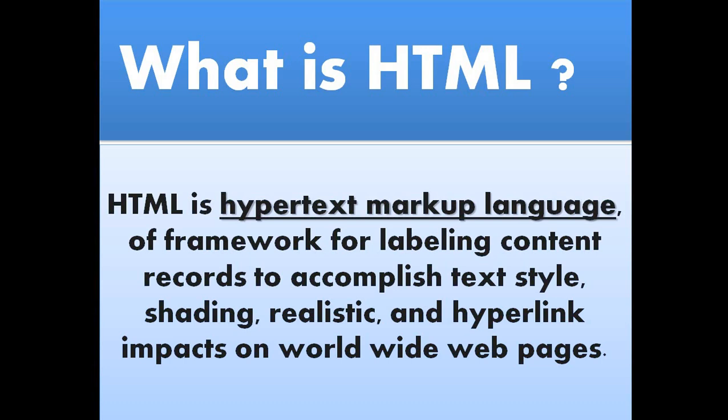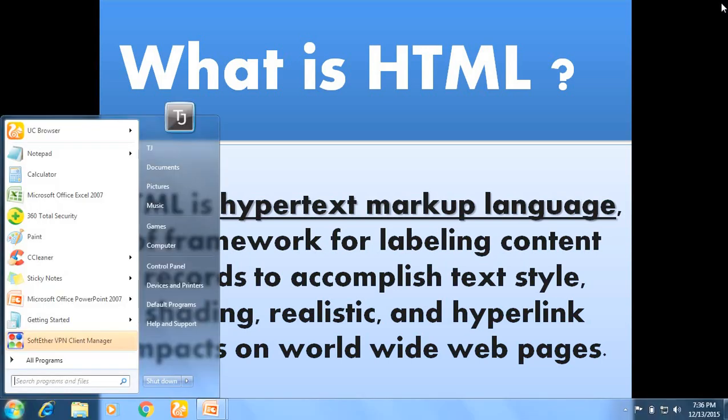HTML is hypertext markup language, a framework for labeling content to accomplish text style, shading, graphics, and hyperlink effects on world wide web pages. It's mostly used for content editing and for other things as well.